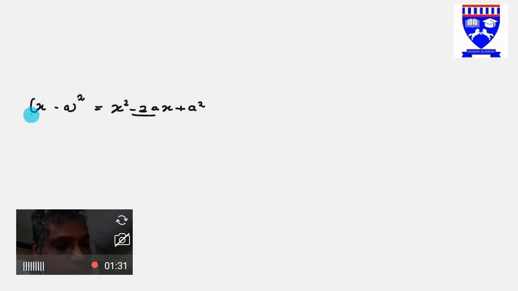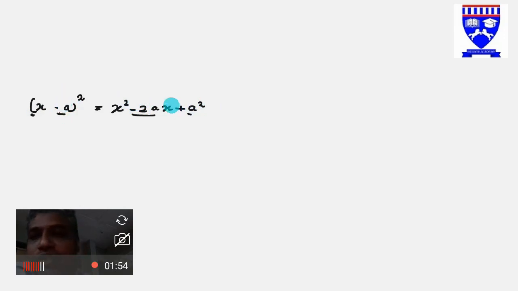This one and this one, so the coefficient of x times minus a times 2, that is the answer. Okay, so that's how you can get minus 2ax, and a squared is basically minus a whole thing squared.